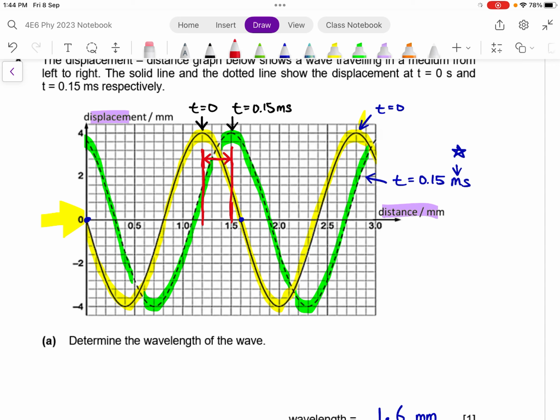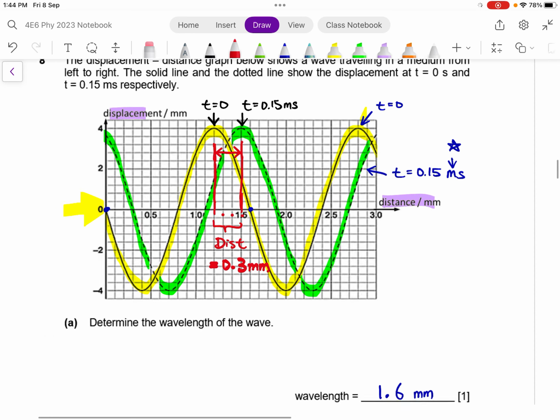So we can find out the distance traveled is about 0.1, 0.2, 0.3. So it's about 0.3 millimeter. And the time taken is 0.15 millisecond.